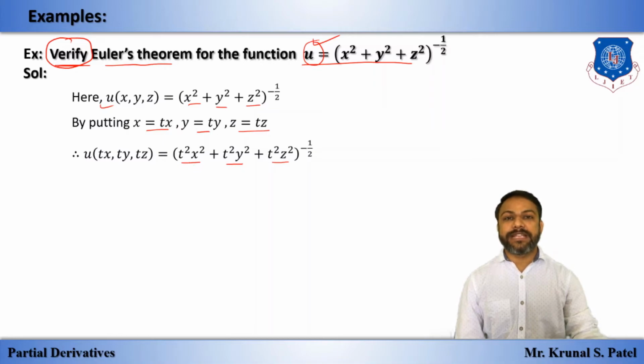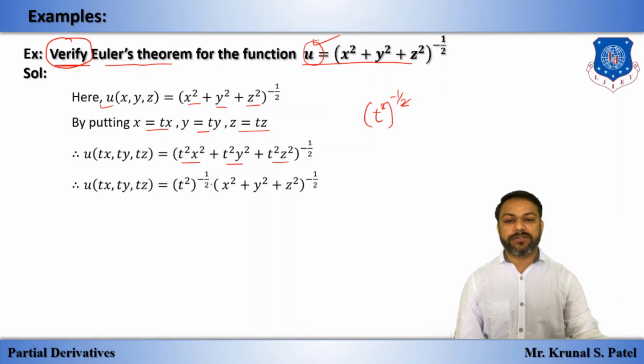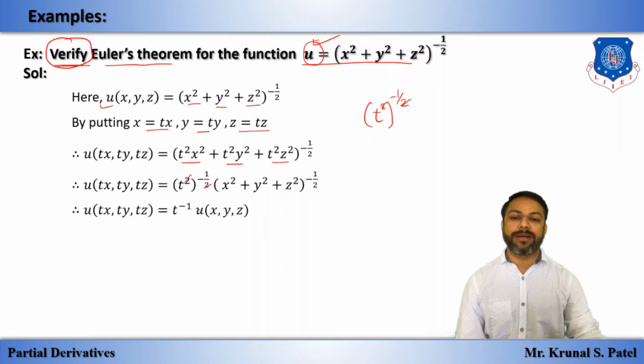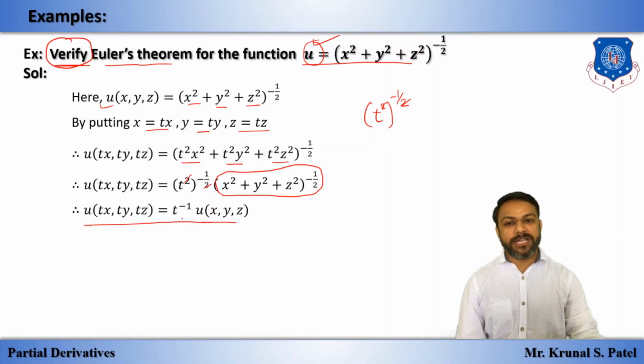Now if we take t square common, the power is also common with the t square, so the power will be minus 1 by 2. The 2s cancel out and we have t raised to minus 1, times the given function u of x, y, z. So this is the definition of a homogeneous function, and we can say that u is a homogeneous function with degree n equal to minus 1.